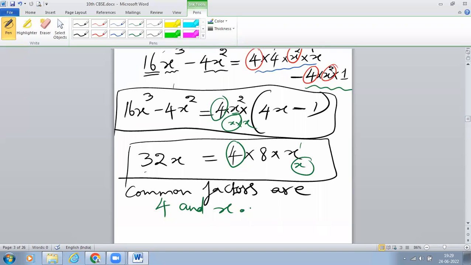Okay, now those who have completed, write the third subdivision. Please write the third subdivision. What is the doubt? Any doubt?